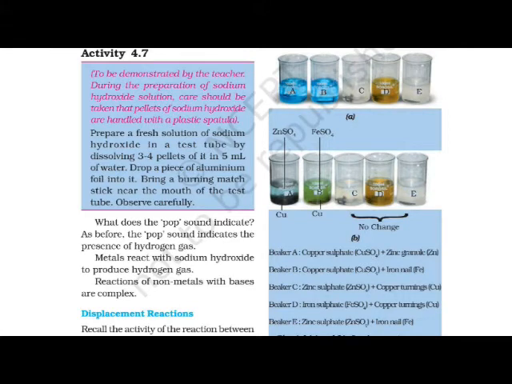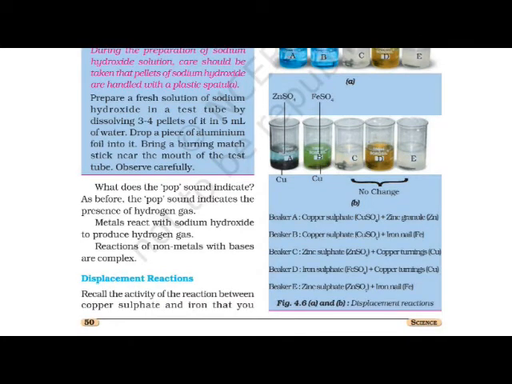Okay, beaker A was having copper sulfate plus zinc granule. Beaker B was having copper sulfate plus iron nail. Beaker C was having zinc sulfate plus copper turnings. Beaker D was having iron sulfate plus copper turnings. Beaker E was having zinc sulfate plus iron nail.